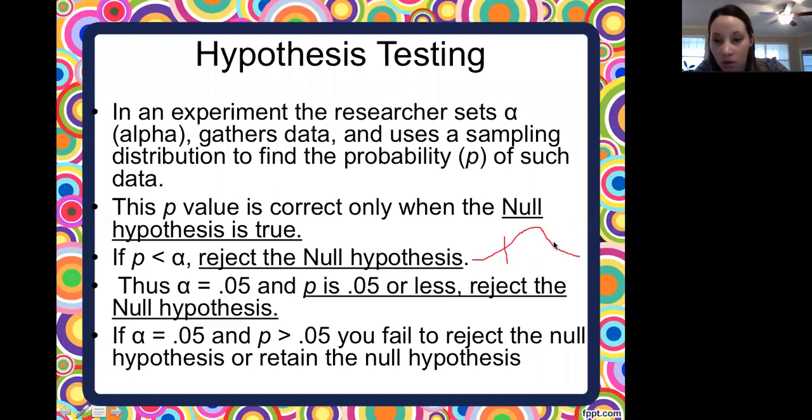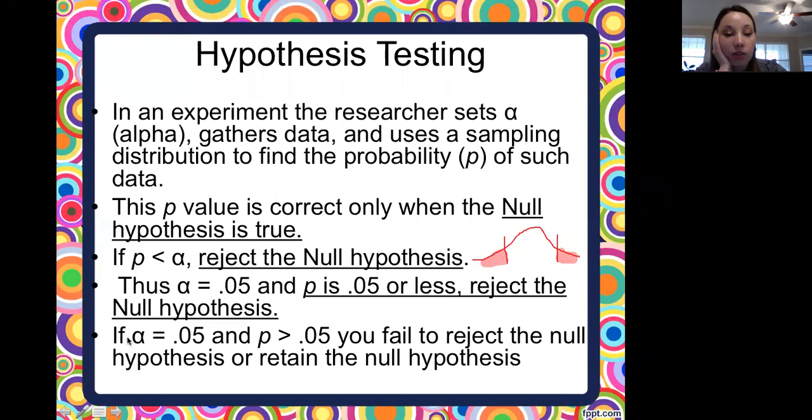So when p is less than alpha, so when our probability of obtaining this result when the null hypothesis is true is less than our alpha level, we reject the null hypothesis. That's saying that our data are falling in the red shaded region here.